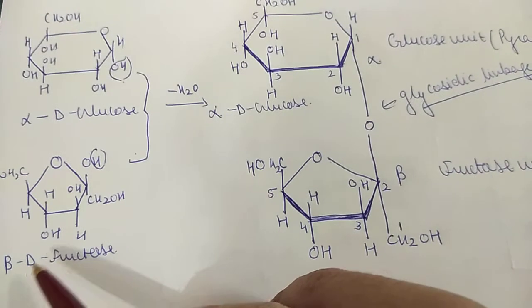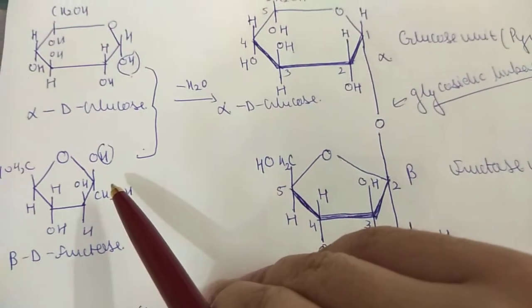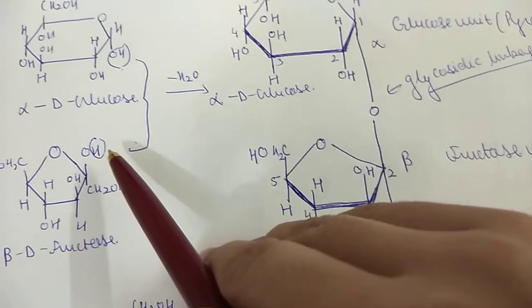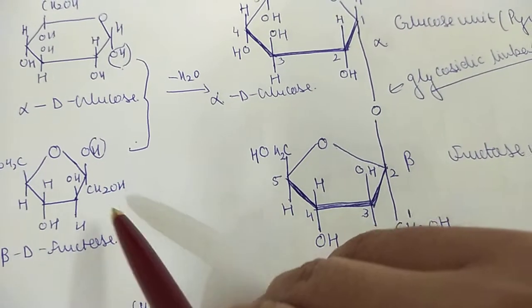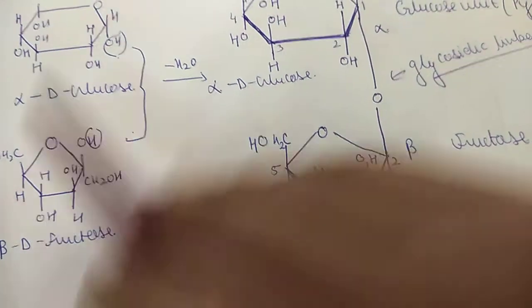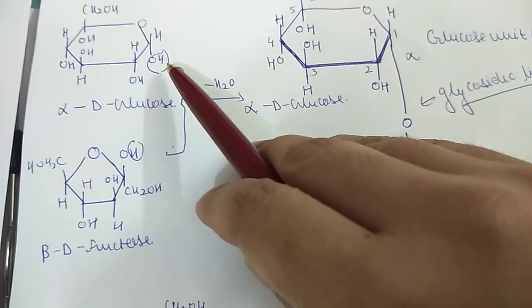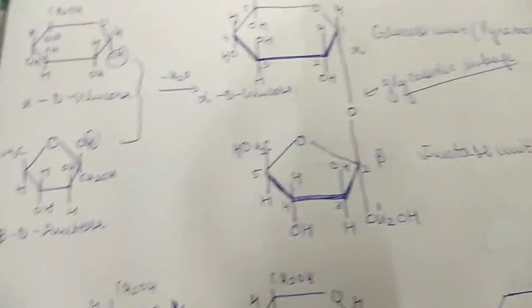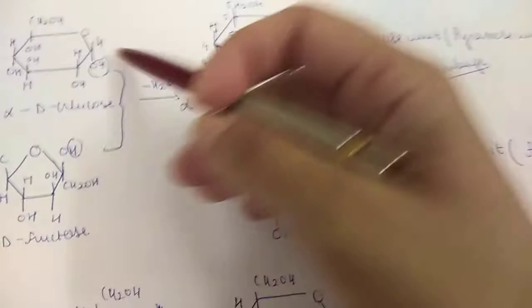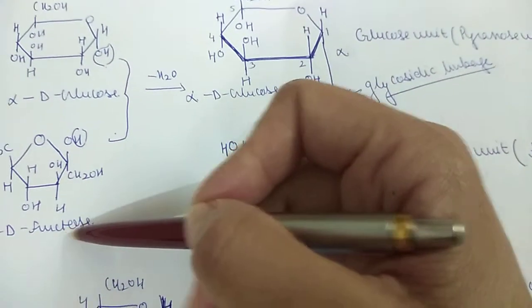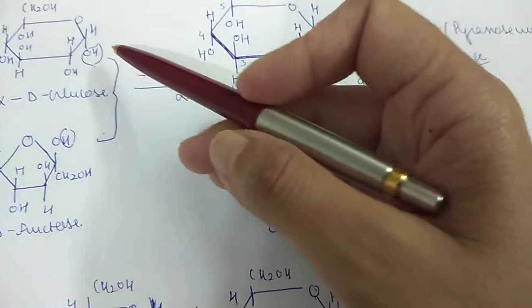And why the name beta D fructose? Because here also on carbon number 1 OH is on the upper side and CH2OH on the lower side. Here OH is on the upper side, that is why the name beta. Here OH is on the lower side, that is why the name alpha. So the OH group of alpha D glucose and the OH of fructose will come in contact with each other.